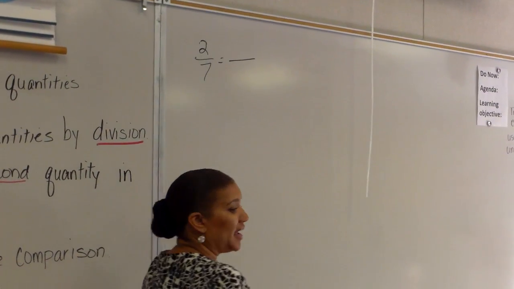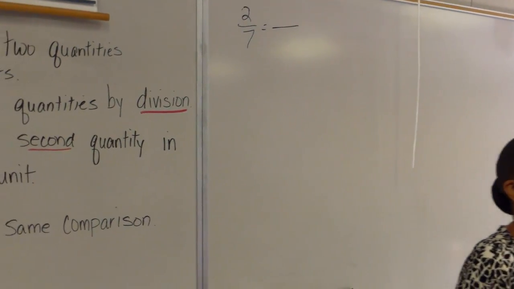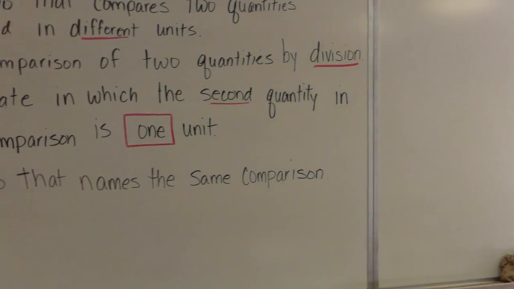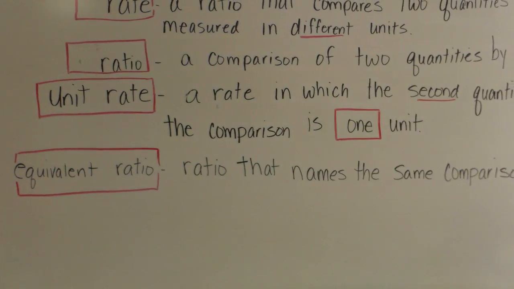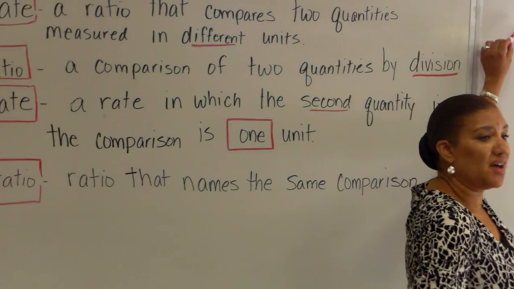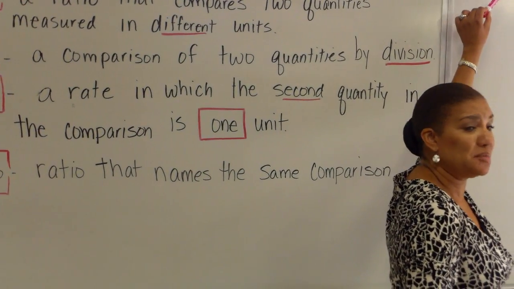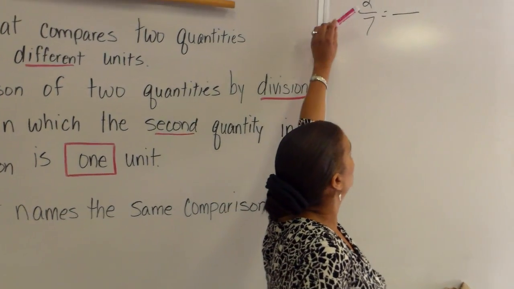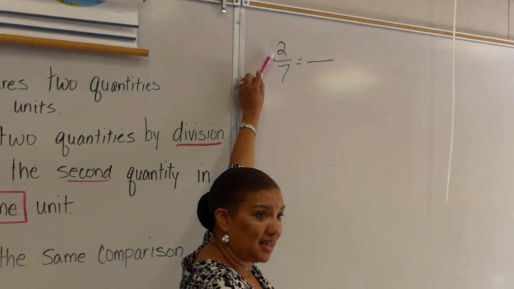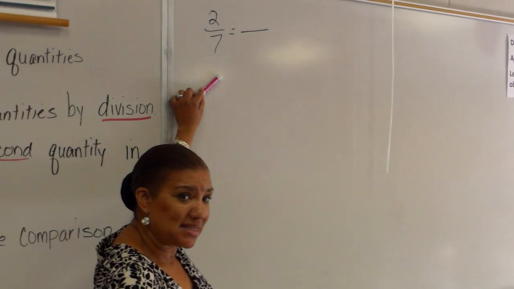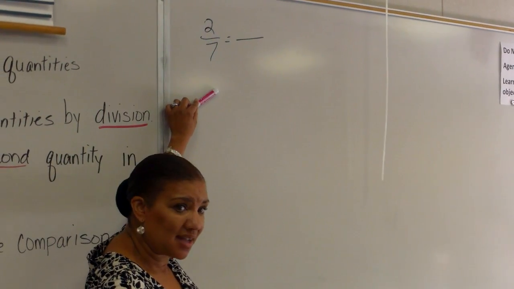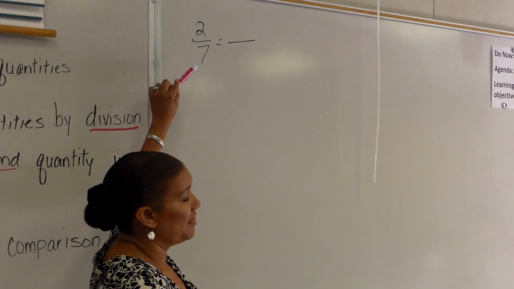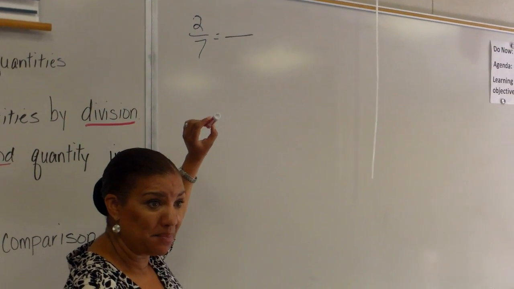The way I find an equivalent ratio is I multiply the terms by the same number. I'm going to either multiply or divide the terms by the same number. I'm going to either multiply the top and the bottom by the same number, or I'm going to divide the top and the bottom terms by the same number.